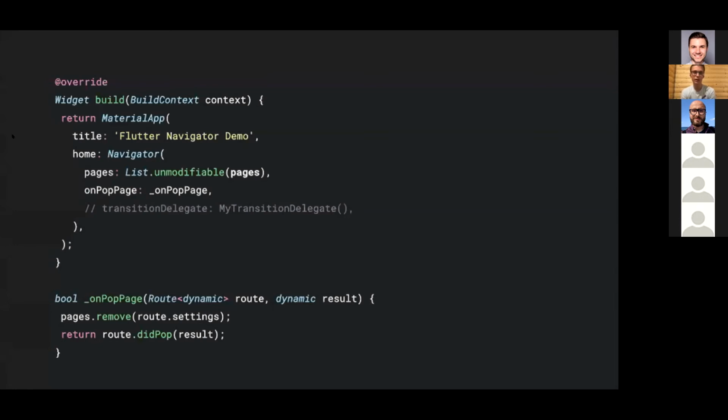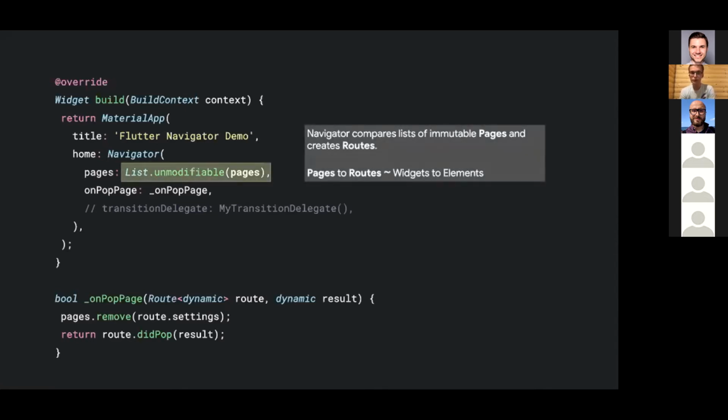So let's go one by one through all the necessary elements that you need to set up when using the new navigator. When constructing your widgets app or Material app, you need to explicitly provide a navigator.